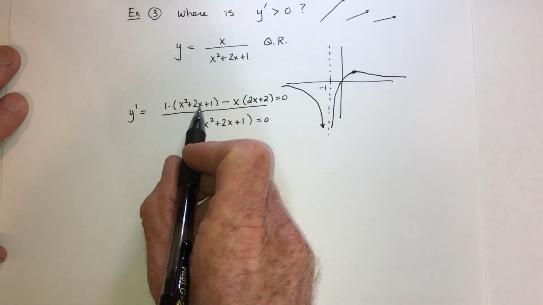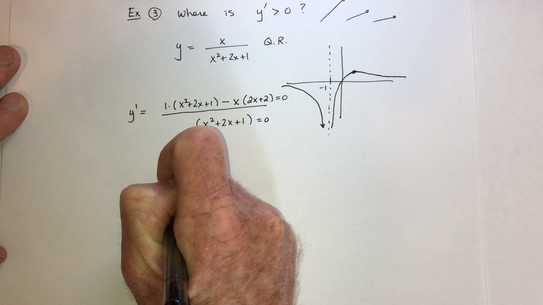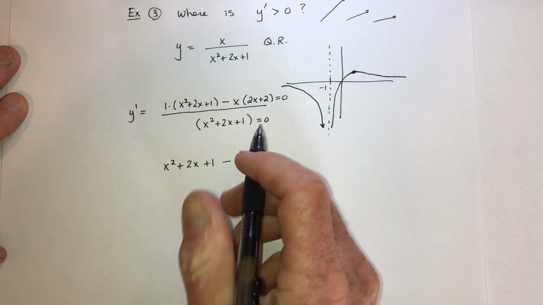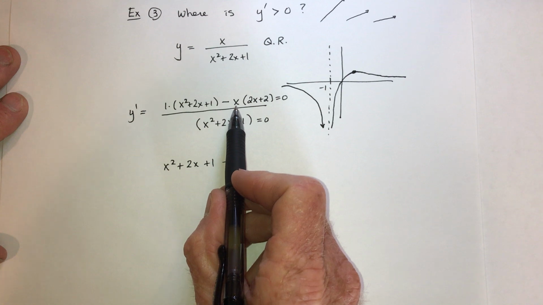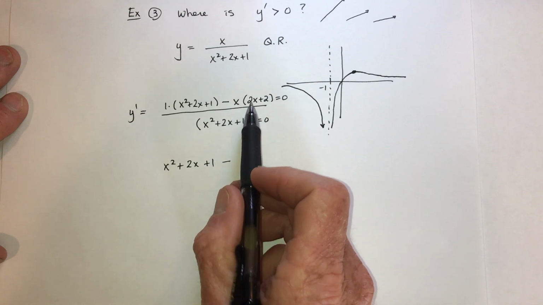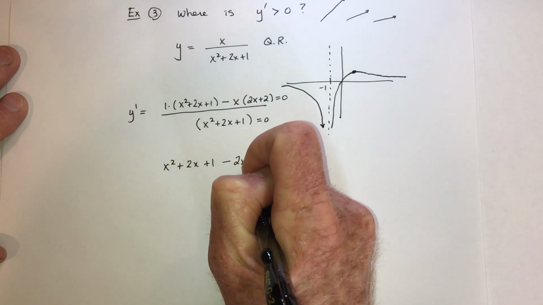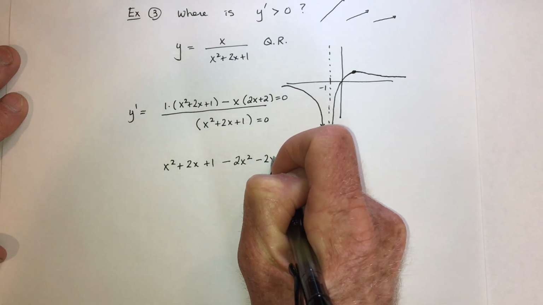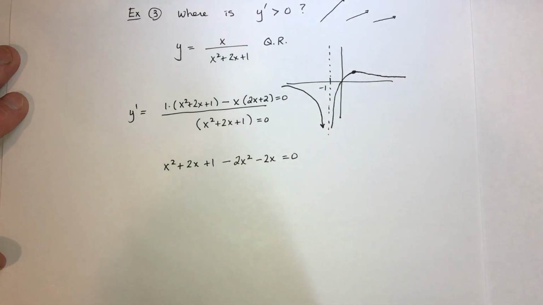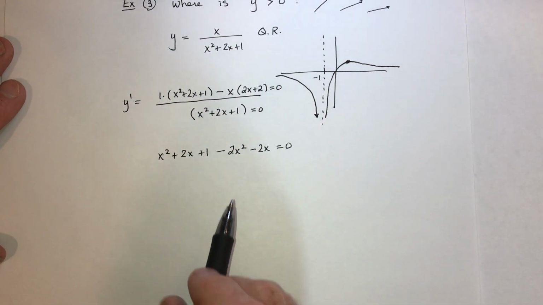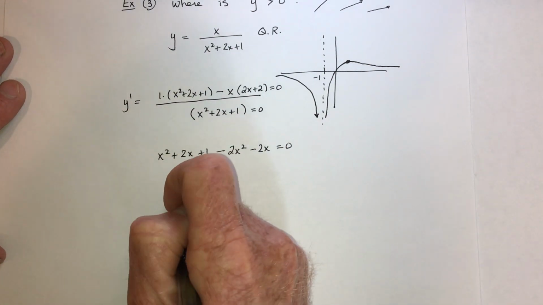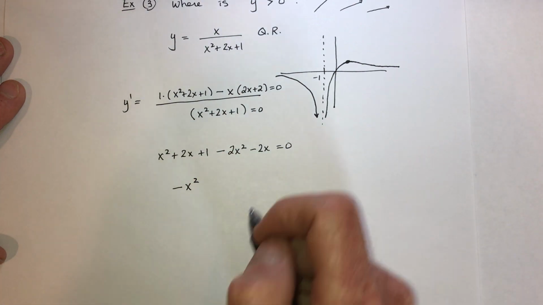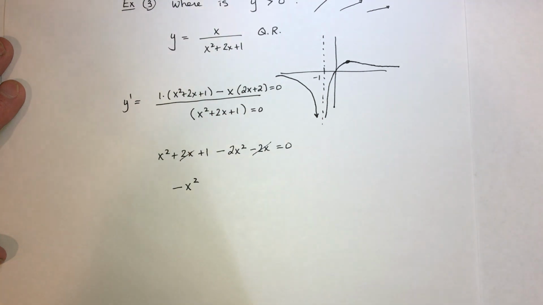So for the top, multiply by 1, so that's x squared plus 2x plus 1. Distribute this negative x, so that's going to be negative 2x squared. And then negative 2x. And then that's set equal to 0. So combining x squares, there's going to be negative x squared. Oh, nice. These two cancel.